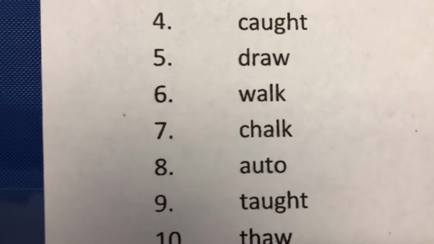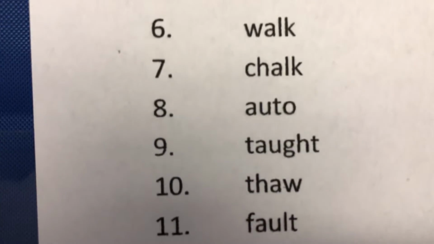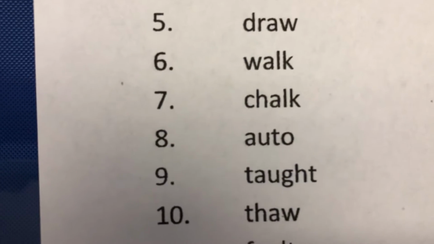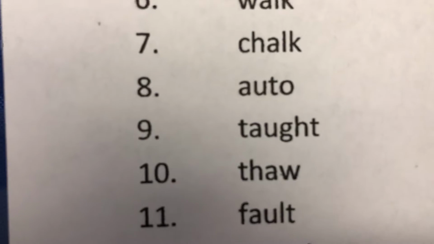Draw, I'm getting some mail from some of you, and I love when you draw me a picture. Walk, Mr. C and I go for lots of walks. Chalk, sidewalk chalk, there's nothing better.